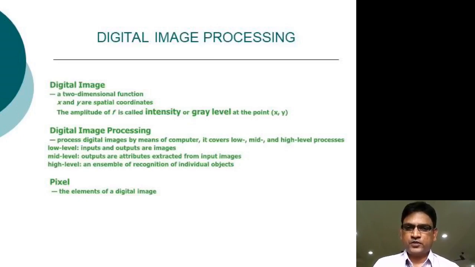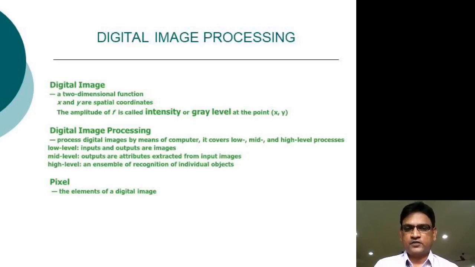So this digital image processing is classified into three levels. One is low level, mid level and high level. Low level is characterized by the fact that the input and output, that means before and after processing, both are images.